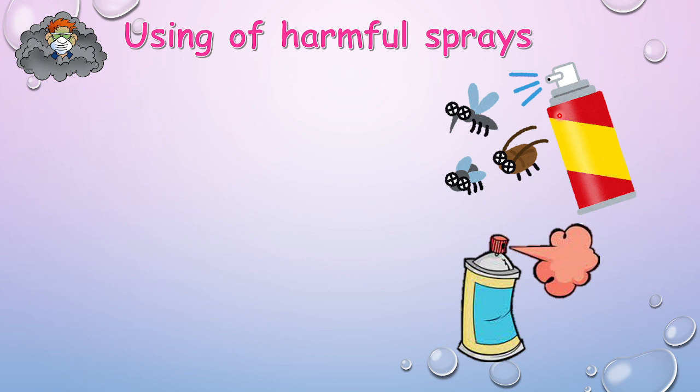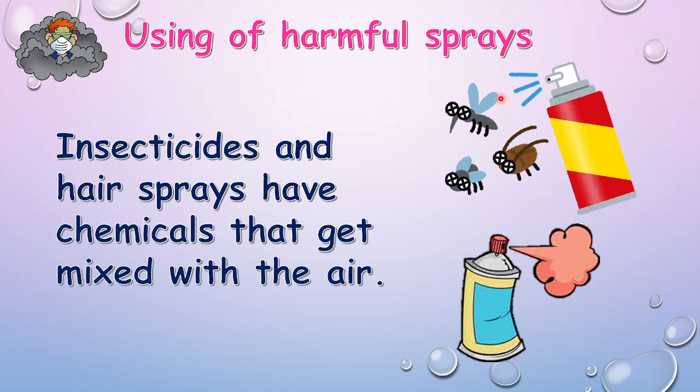And also it's a spray that we use for the hair, or maybe the spray paint, right? Different kinds of sprays. Because sprays, these have chemicals. Since they are sprays, it's very easy for it to go to the air, right? And then chemicals will be in the air. There will be other gases in the air.